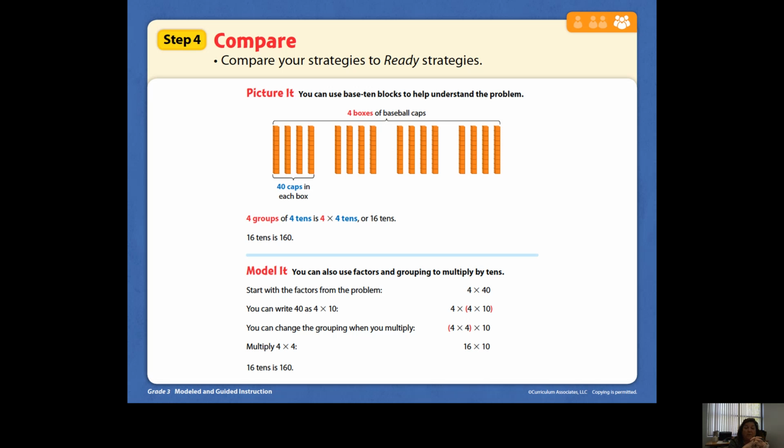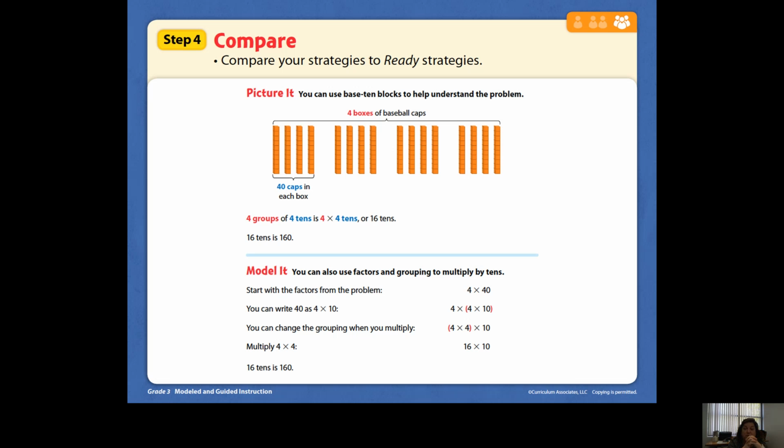So now we have 4 times the product of 4 times 10. And I say the product of 4 times 10 because that's the parentheses. And that's kind of important just to be able to say that that's how we got 40.